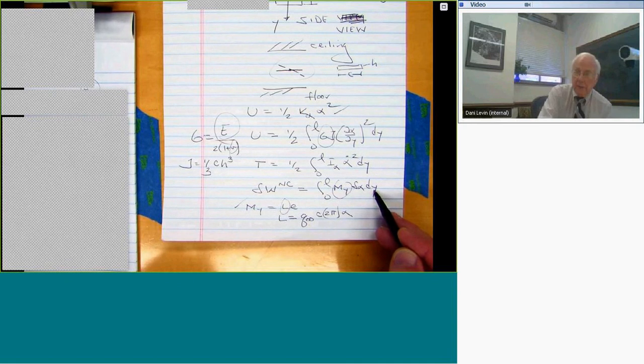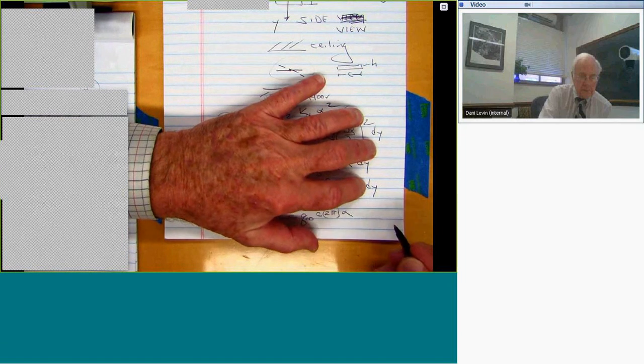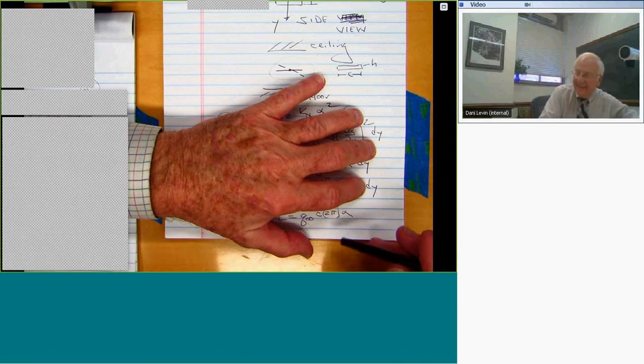The equation, L equals q infinity c 2 pi alpha, the bottom one. I think the c here should be surface area, not the chord length. No, it's a chord. Why is it the chord length? Well, because that's what the aerodynamicists in my group told me was the right answer.